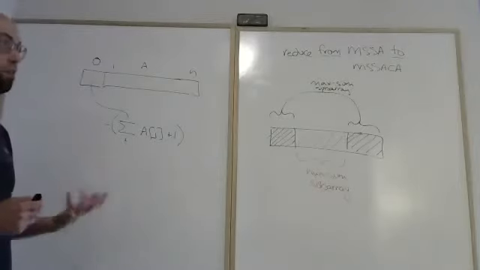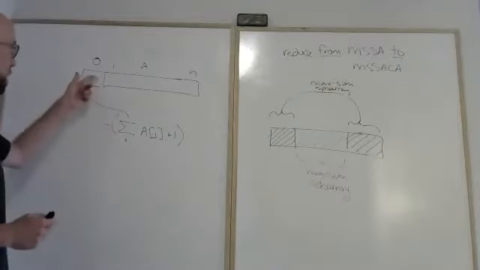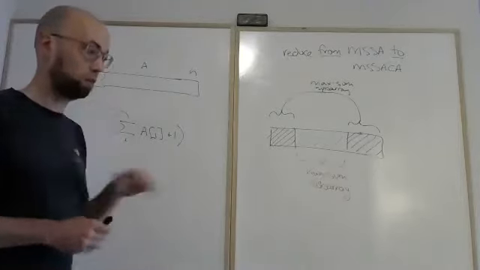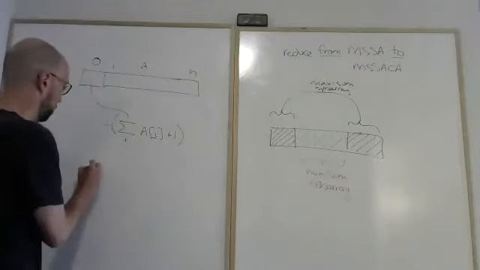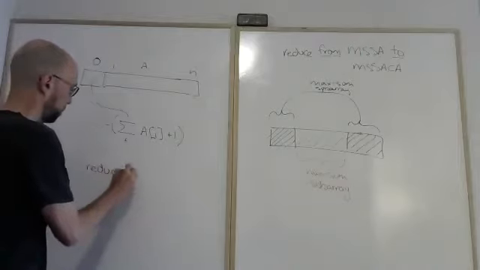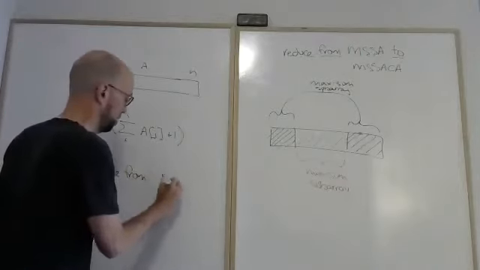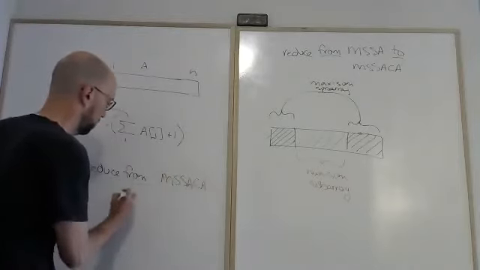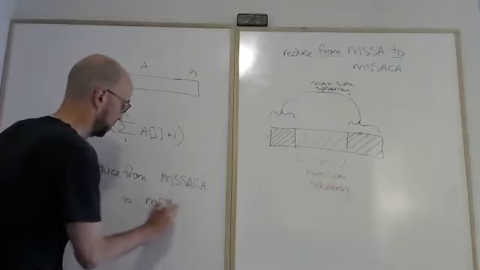So if you have code that will do max sum subarray in a circular array, by just adding one element, you can use it for max sum subarray in a normal array that doesn't wrap. So this is a reduction from max sum subarray circular array to max sum subarray.